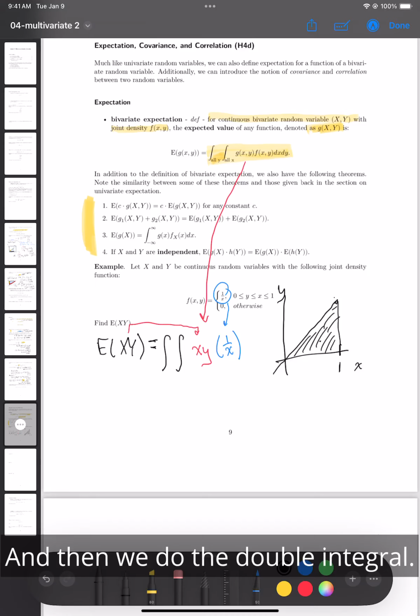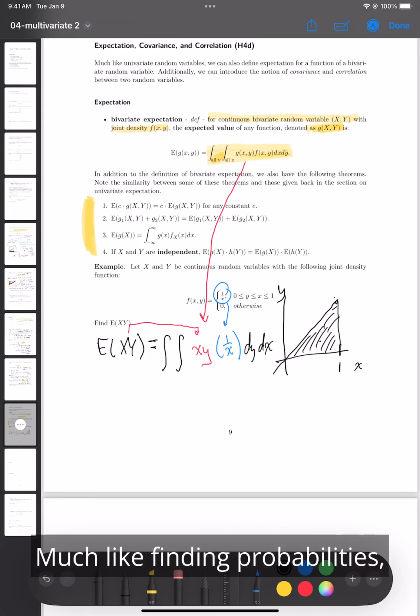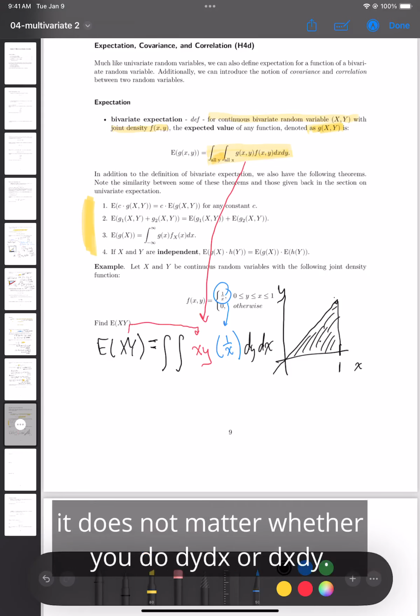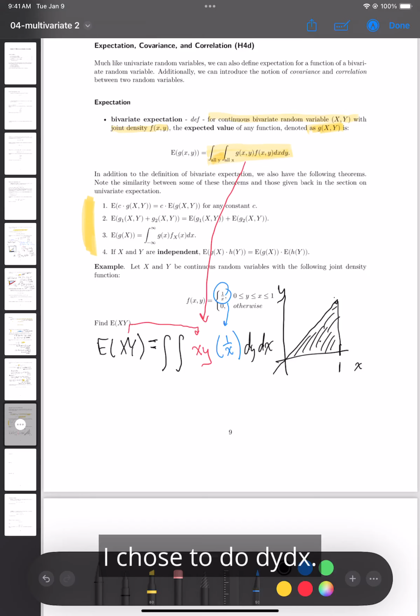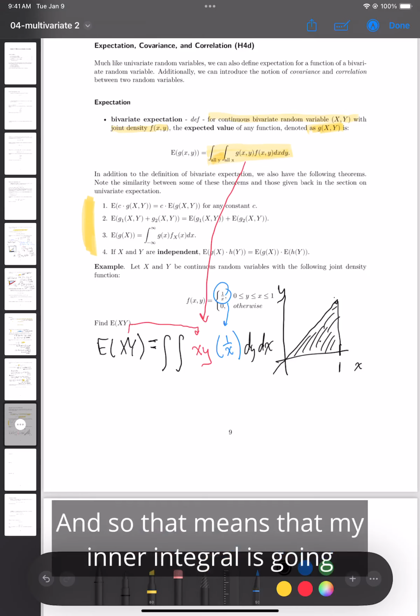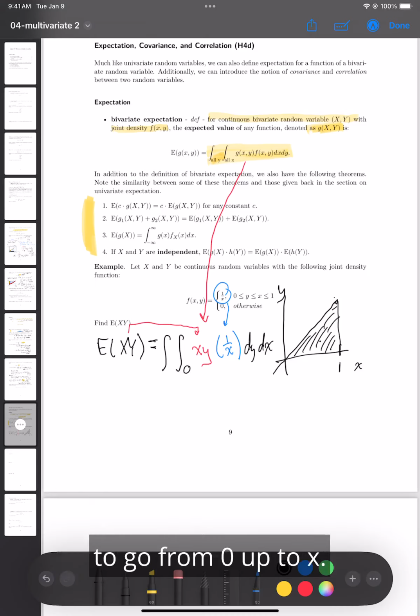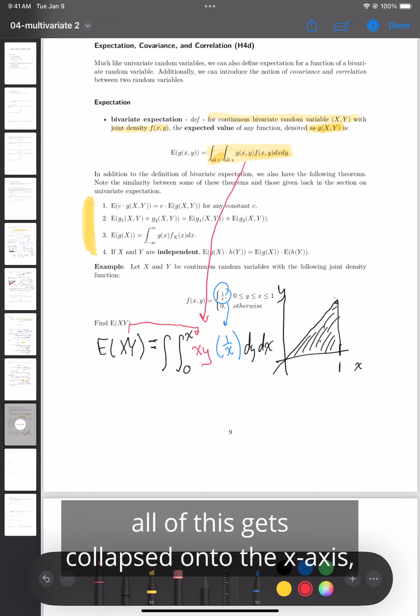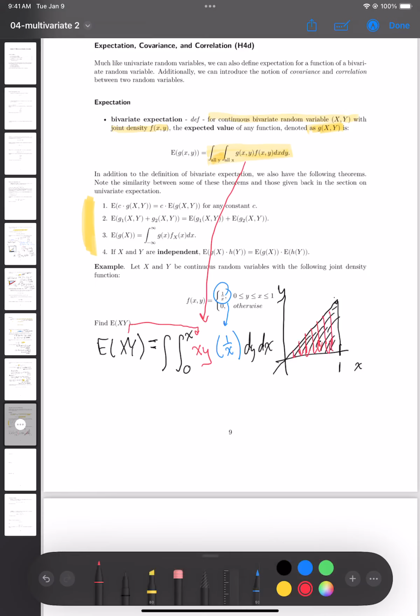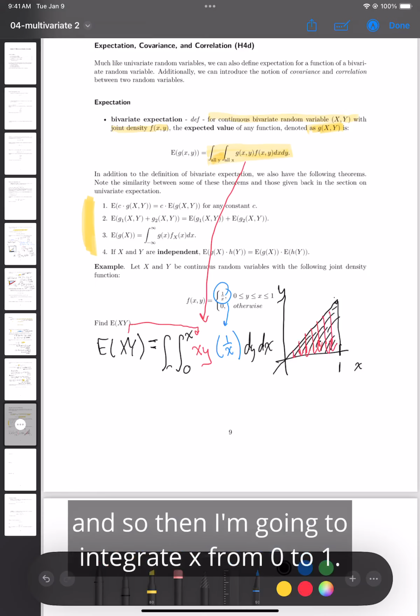Then we do the double integral. Much like finding probabilities, it does not matter whether you do dy dx or dx dy. I chose to do dy dx. That means my inner integral is going to go from 0 up to X. After I integrate out Y, all of this gets collapsed onto the x-axis, and then I'm going to integrate X from 0 to 1.